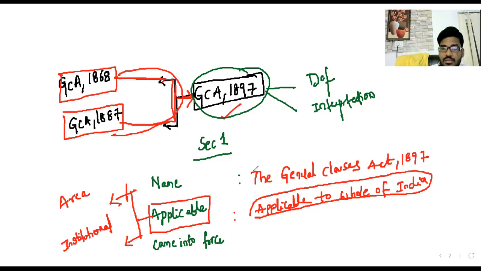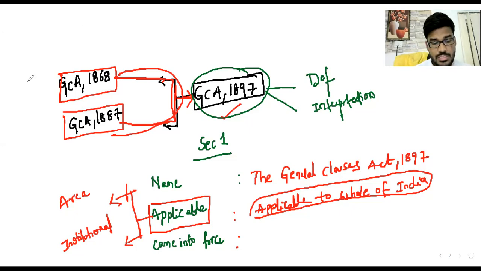We will discuss it next. Came into force: when did the General Clauses Act come into force? Listen. This General Clauses Act 1897 is not a new act; earlier acts were also there.